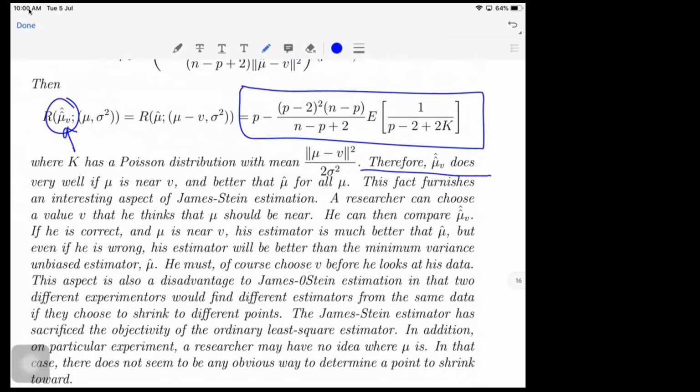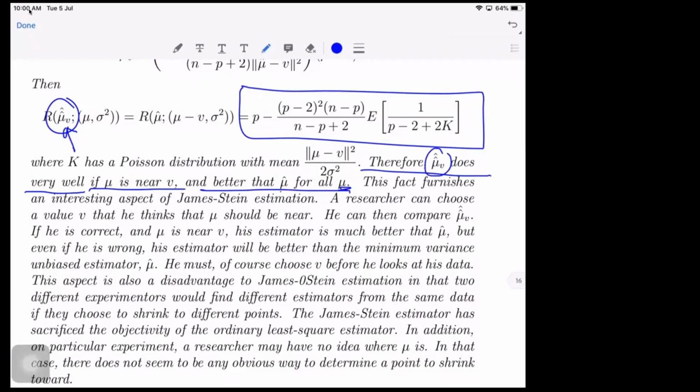Therefore, mu hat hat V does very well if mu is near V. If mu is near zero, then Y bar and James-Stein are comparable because the risk associated with both of them will be approximately equal to 2. But mu hat hat V will be better than mu hat for all mu.